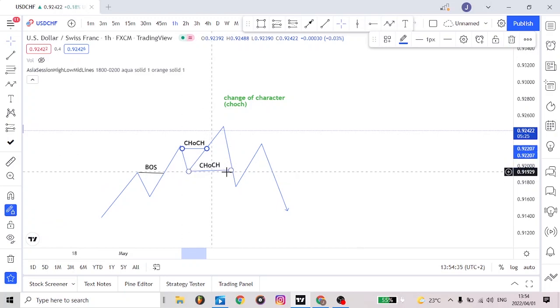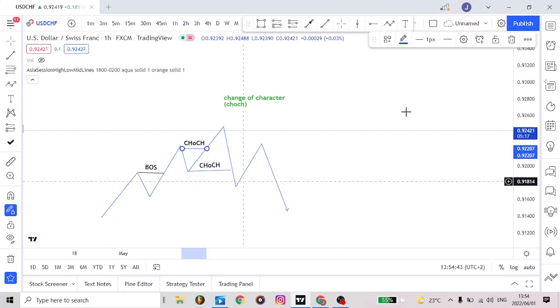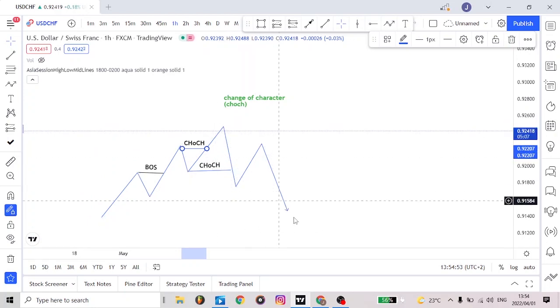Now if it's a CHoCH, it simply shows that the market here is now changing direction, and the trend is starting to be a downward trend. What we would expect after the market makes a CHoCH is to go back to the demand zone and then start pushing downwards.